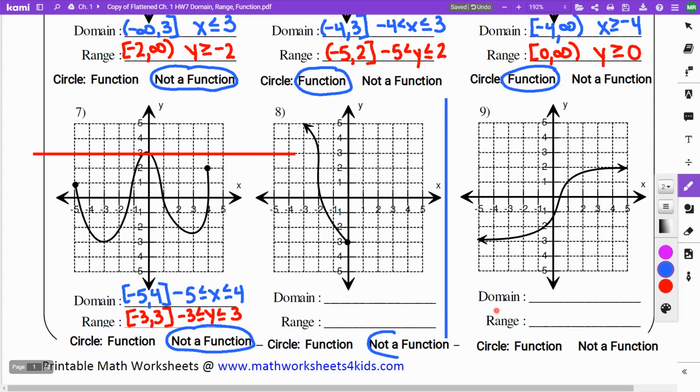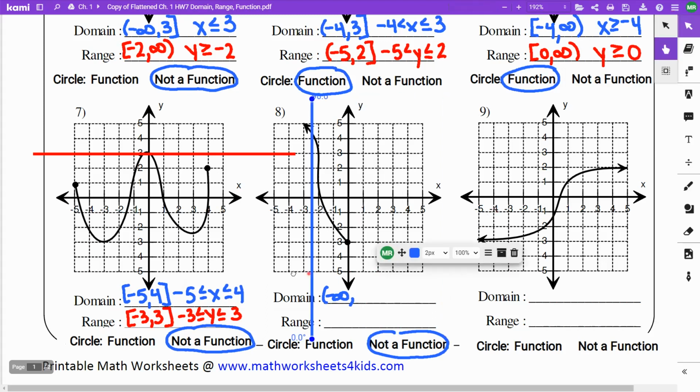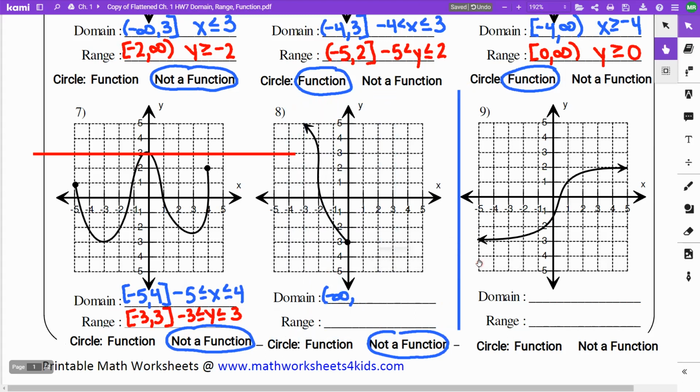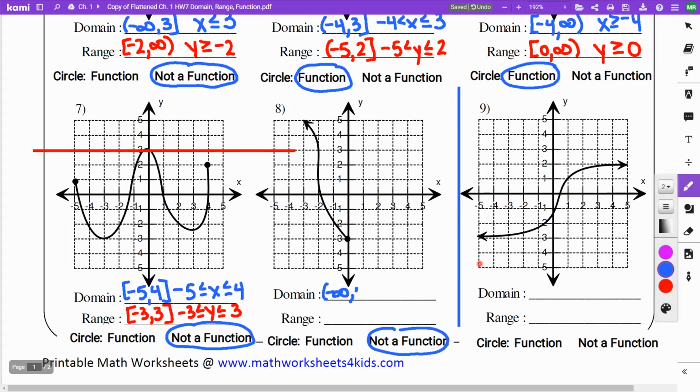So I'm going to say not a function. And it's going to go from -infinity to, I think I said 3. I meant 0 because as I'm moving this across, this is going to go forever and ever to -infinity, and it's going to stop here at 0. So it's going to be 0 with a square bracket, or x is less than or equal to 0.